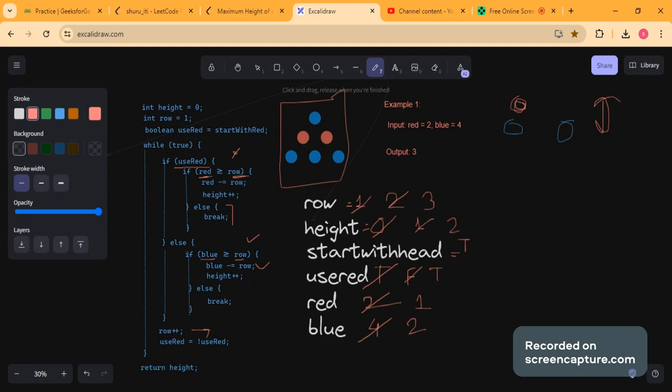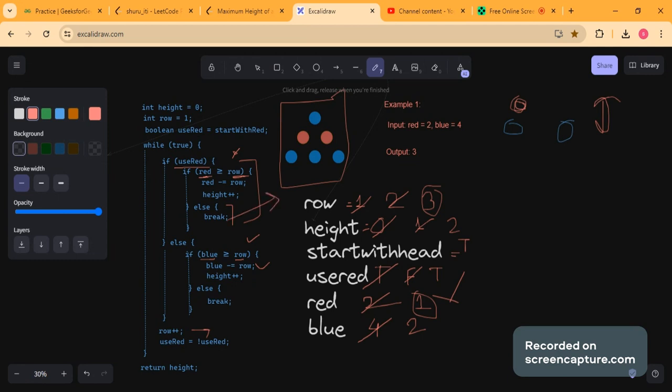Now we again fall into this category. We check the number of red balls. So we have one red ball now, but we are in the third row. How can we use one ball to place in the third row where we need to place 3 red balls? So this cannot be the condition. So we will stop at this point and we will simply break.